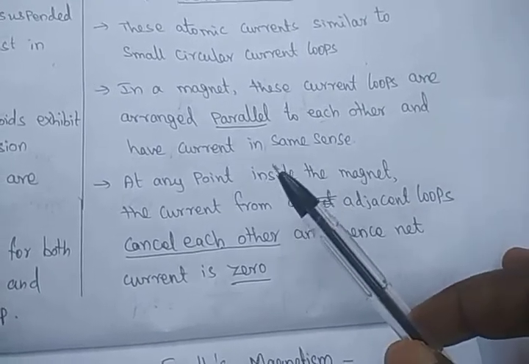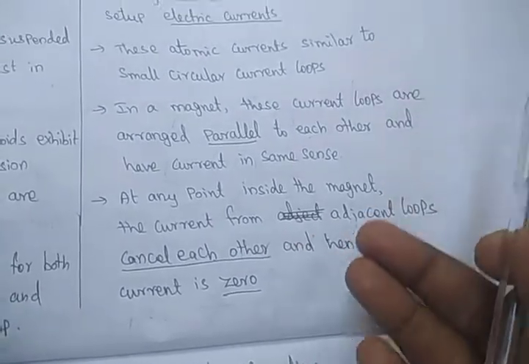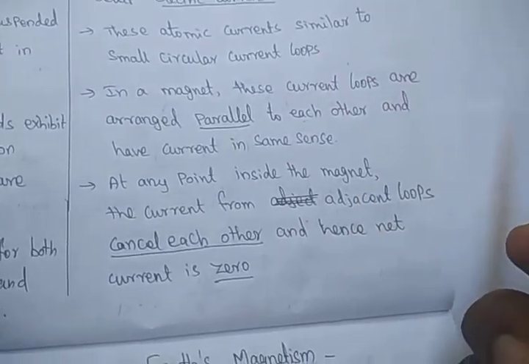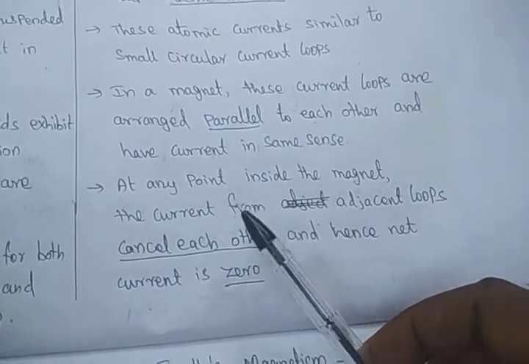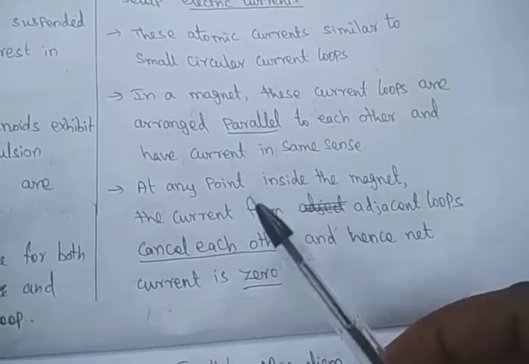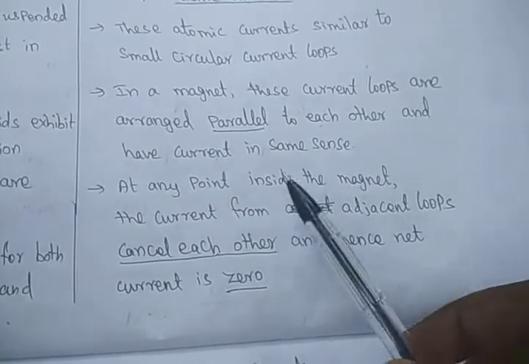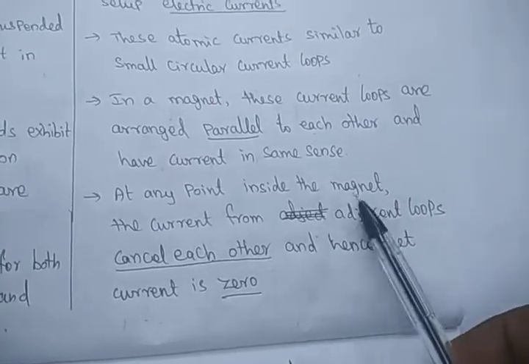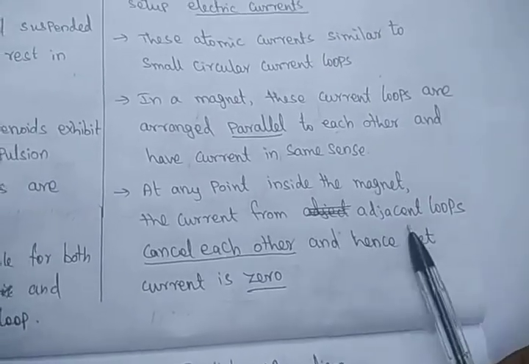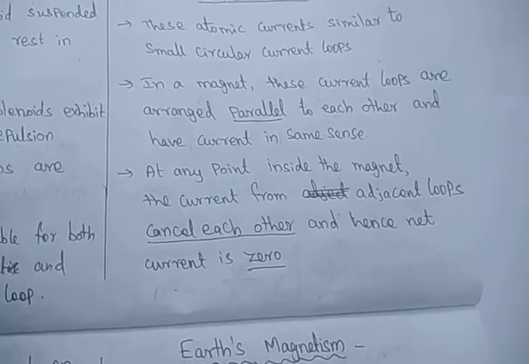That is why we do not get a current from the atom itself. These are very minute, atomic level currents. They cancel out each other because both are parallel and flowing in the same sense. Adjacent loops cancel each other, hence the total current is zero.